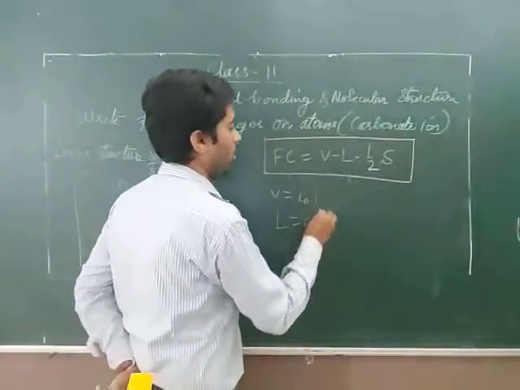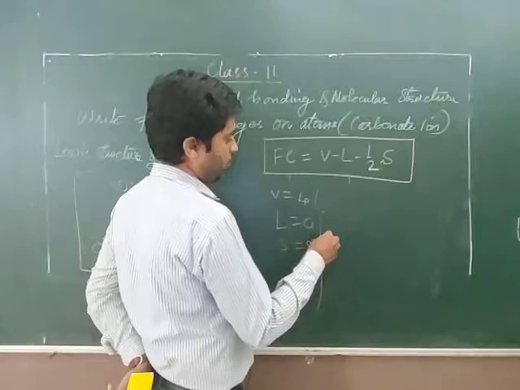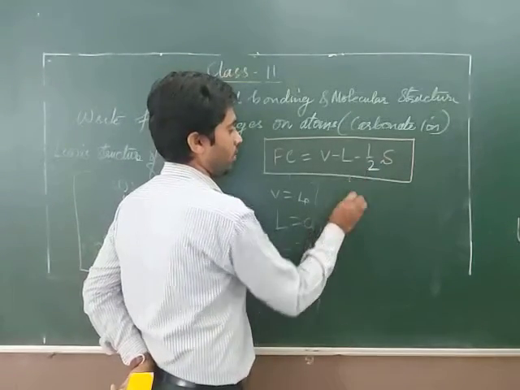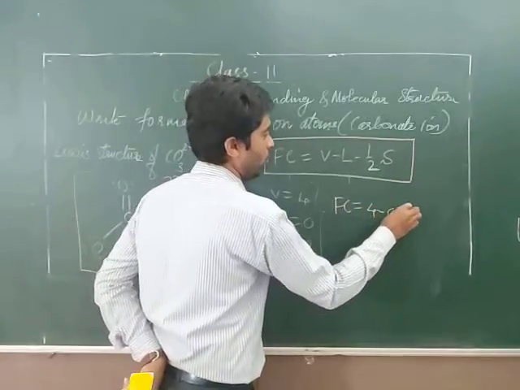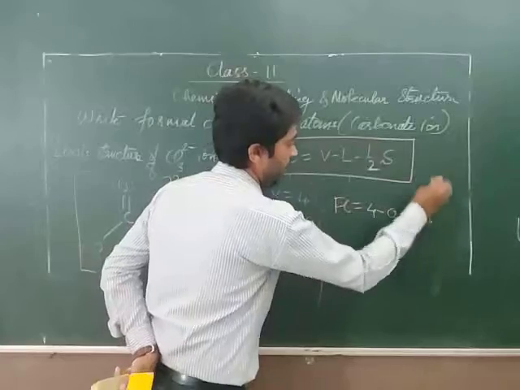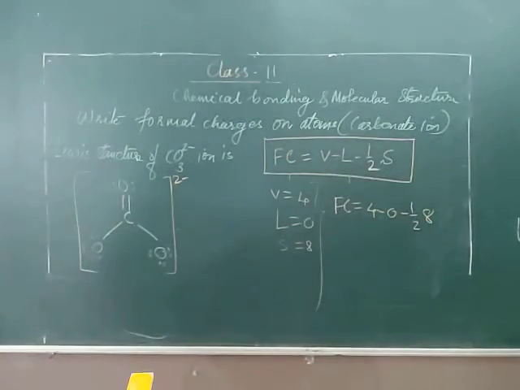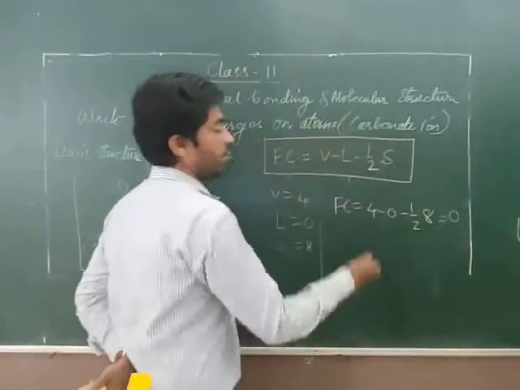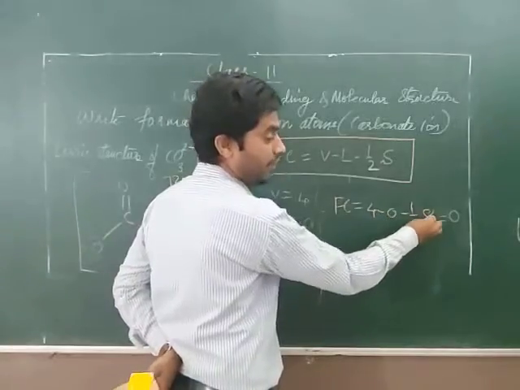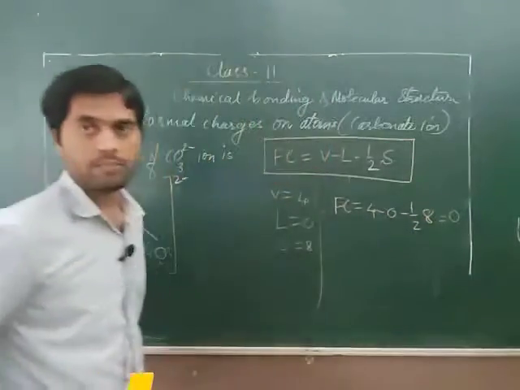Now we put the values in the formula: formal charge equals 4 minus 0 minus half into 8, which is 4 minus 4, so 0.